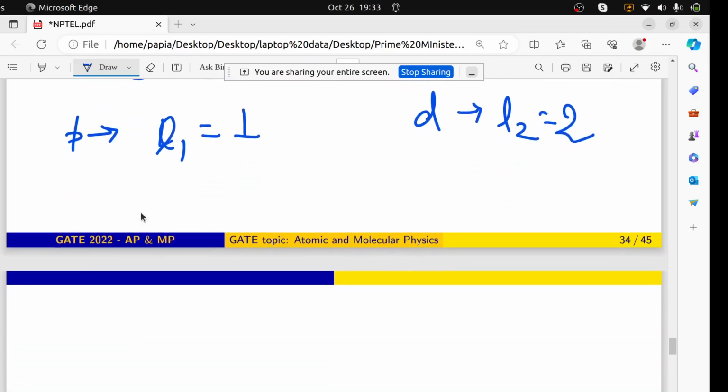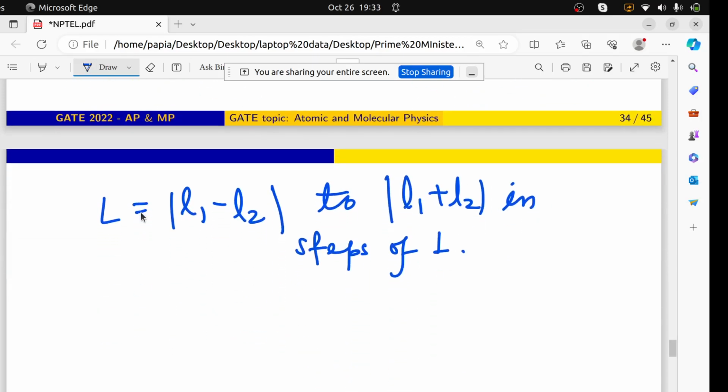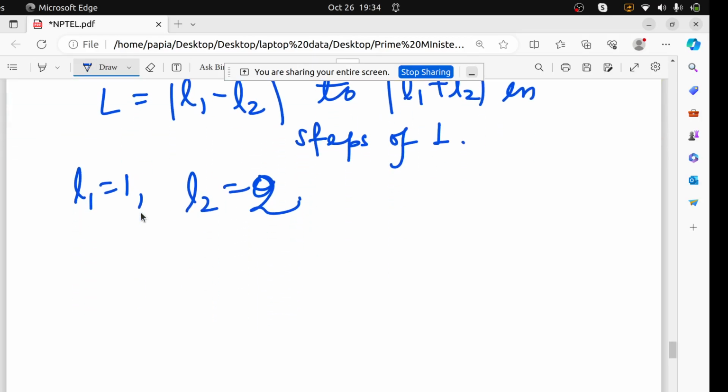So that means our total L will be mod of L1 minus L2 to L1 plus L2 in steps of 1. Right? Our L1 is 1, L2 is 2. So what will be the value of L here?